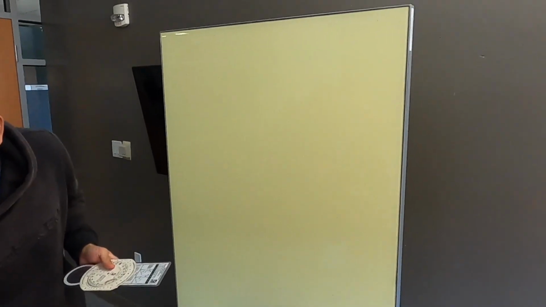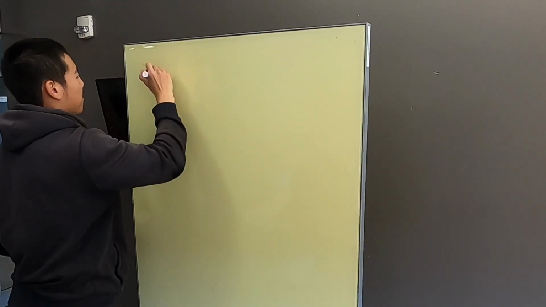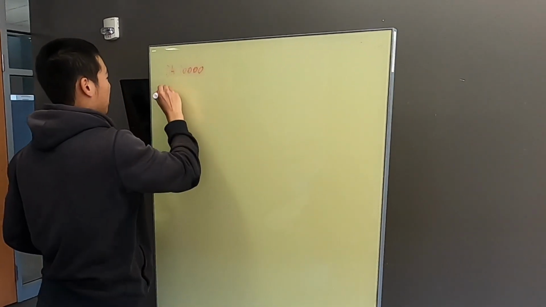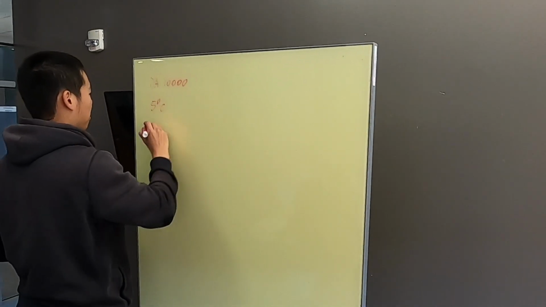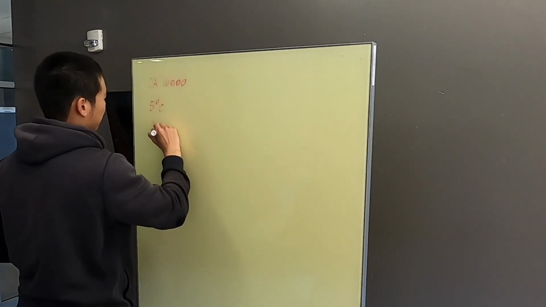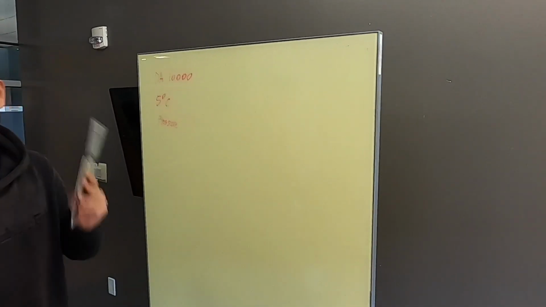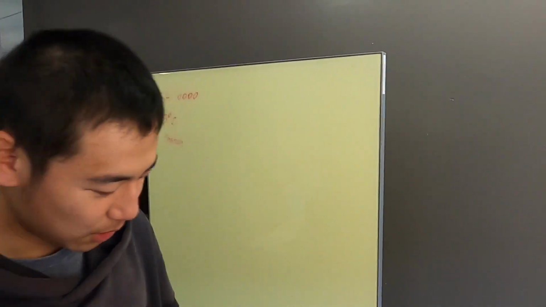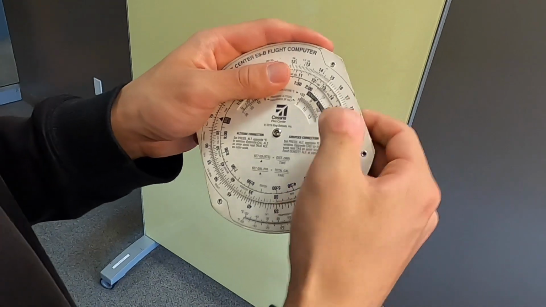So the next problem is this time we have a density altitude of 10,000 feet, and a temperature of 5 degrees Celsius. And this time we want to find the pressure altitude. So this time we're going to use the E6B again, but we're going to work backwards. I'm going to line density altitude up with 10,000.